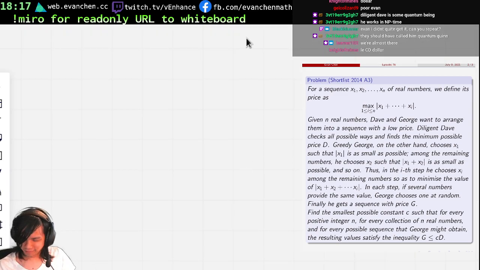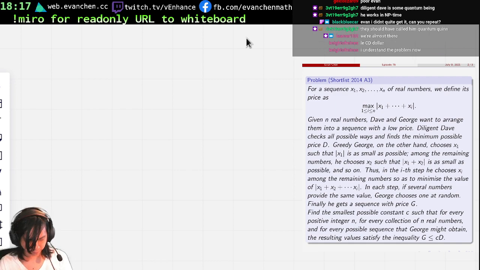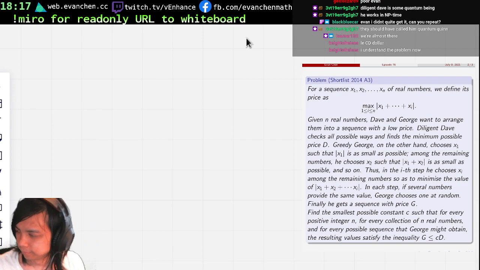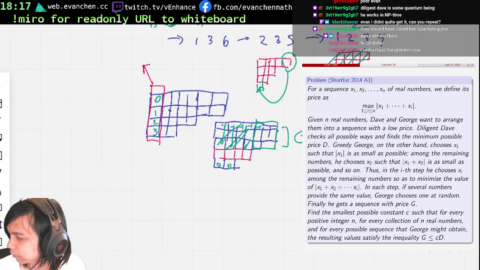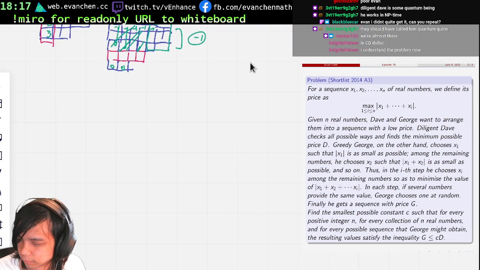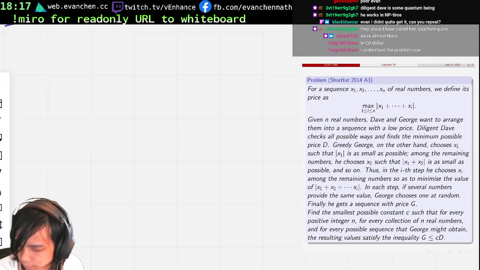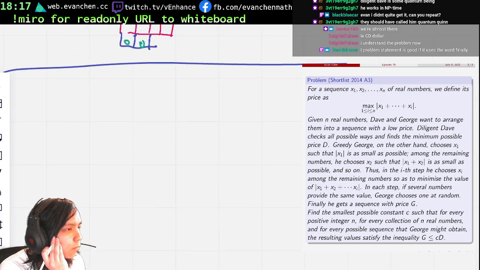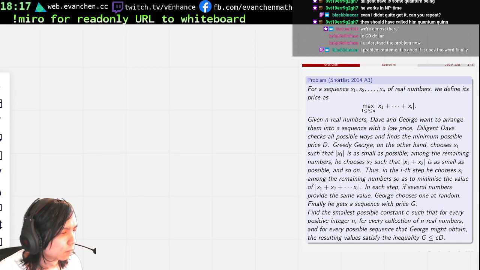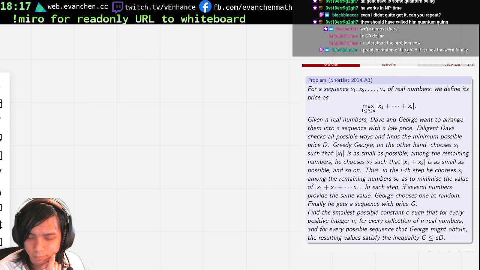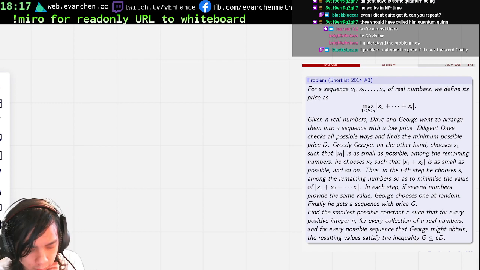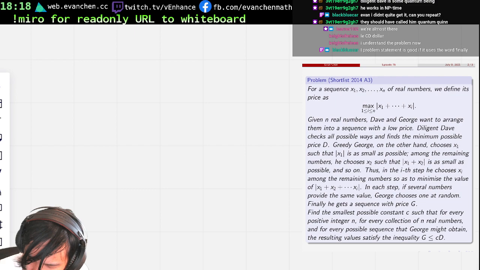Alright. If the answer is c equals 1, I'm going to cry. Do I just start by writing some sequences? I want to be able to draw these too.